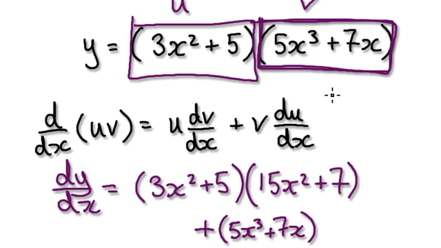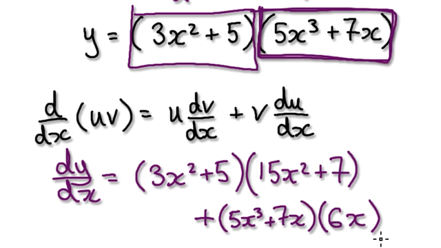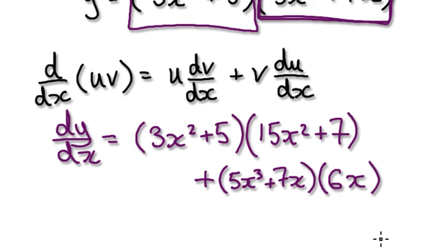We are keeping v the same, and now we differentiate the u. This here is u; differentiating it gives 6x, and when you differentiate the 5, it will be nothing.